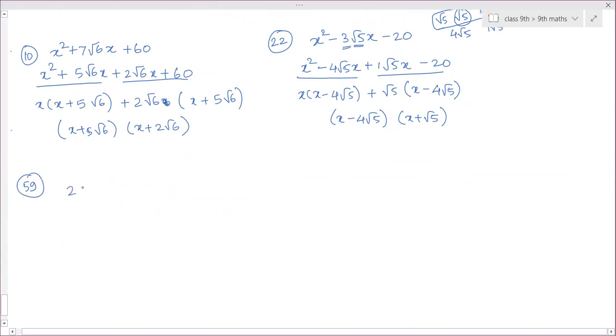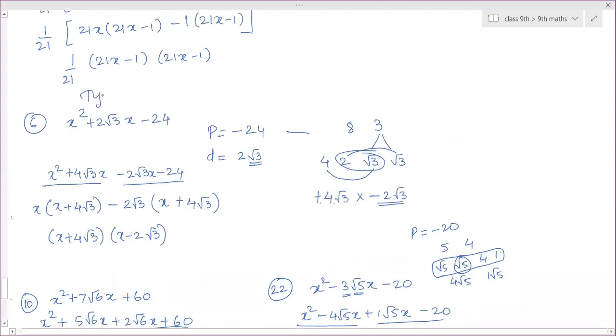Where 2 into x plus y whole square minus 9 into x plus y minus 5. So we have to simplify this. How to simplify? Check the bracket. We have to reduce it actually to a quadratic equation. This is type 3.